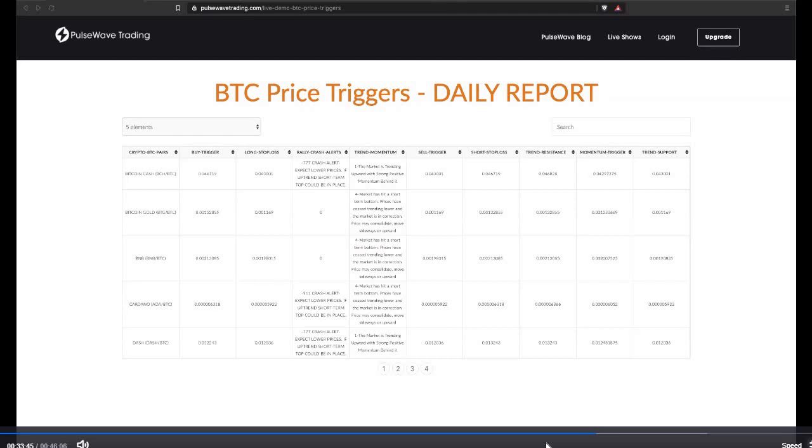And we are going to enter the market at this price and get short and put our stop loss at the stop loss level. That's what it's telling you. We take advantage of it. So we are waiting every day for certain things to happen in the market to get us either long or short. That's what the price trigger report is all about. Knowing ahead of time, before the markets have even moved, where they're going to go. And if certain situations happen during the day, it's going to get us paid.